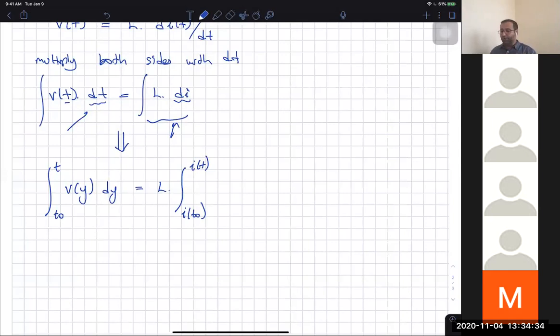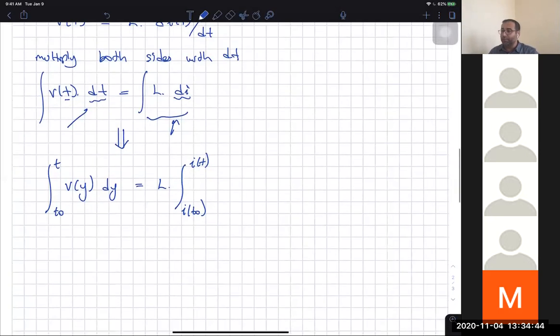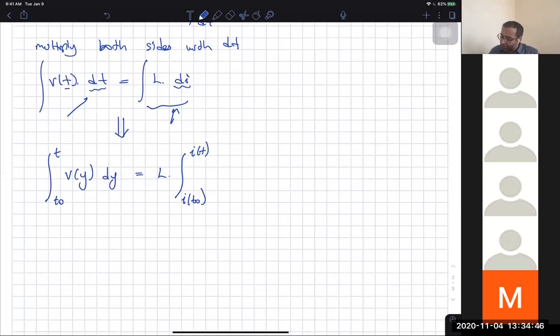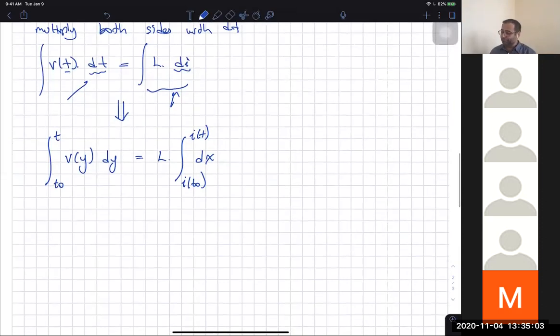But again, I don't want to confuse myself with using the same symbol I for the bound and the integration parameter itself. So I will just change this with dx. Whatever the result of the integral, I will be plugging in these bounds. And I know from your math classes, you're an expert on this type of simple integration. You can do them extremely fast whenever you have the problem itself, right?